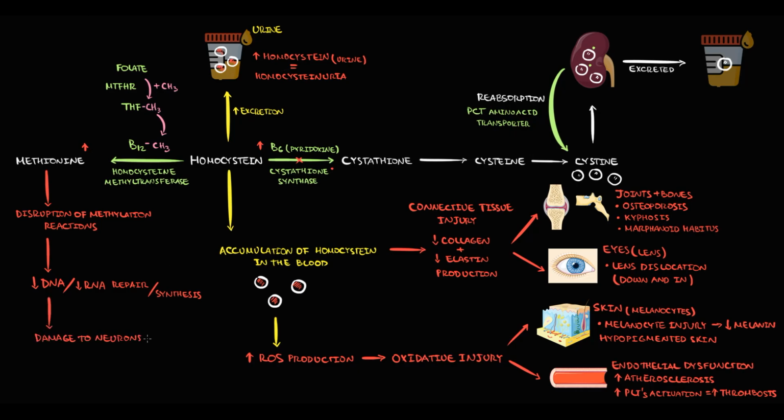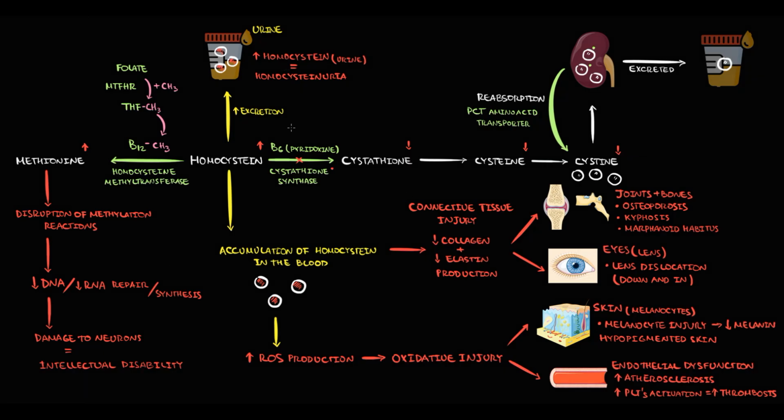Combined, this leads to severe damage to neurons, which in a child can cause severe intellectual disability. Also, as we see, without cystathionine synthase, we cannot produce cystathionine, we cannot produce cysteine, and we cannot produce cystine. So, the level of these amino acids in the blood will decrease.